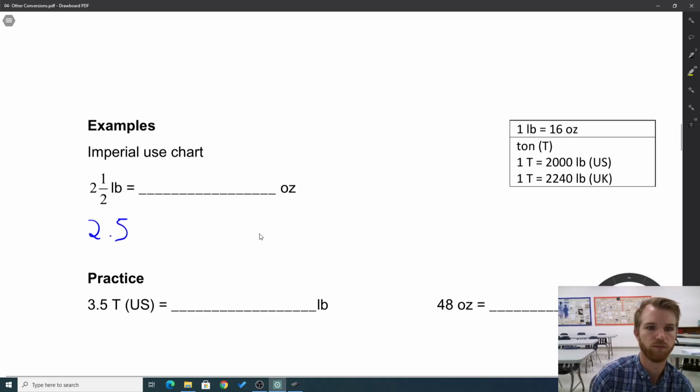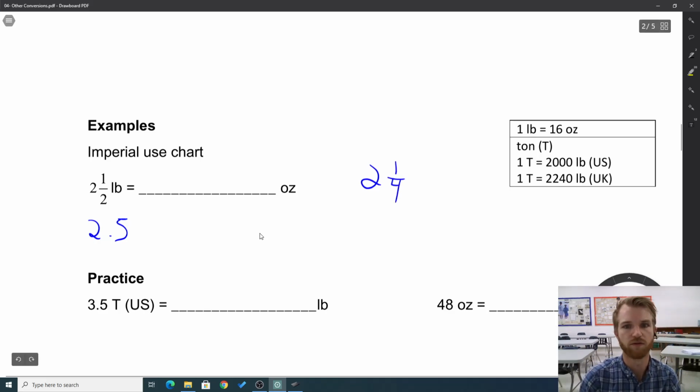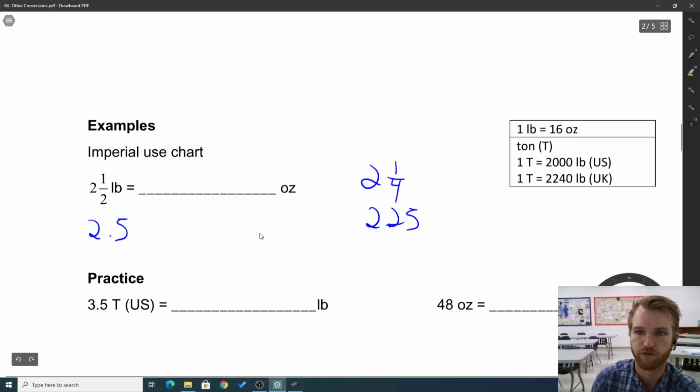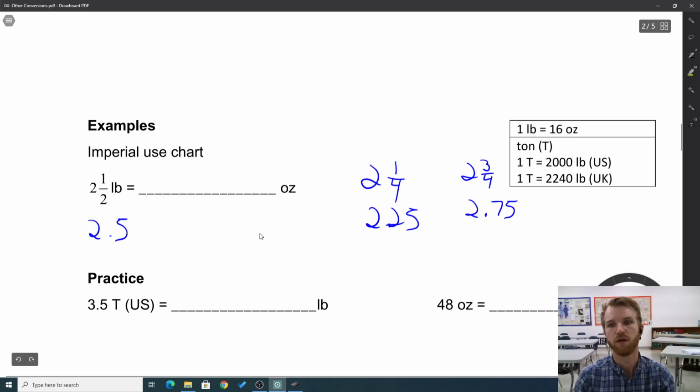If it was 2.25 pounds, a quarter is like 25 cents, so it'd be 2.25. 2.75, think of it as 3/4, like with money. 3/4 would be 75 cents. It works the same here. 3/4 would be 2.75.